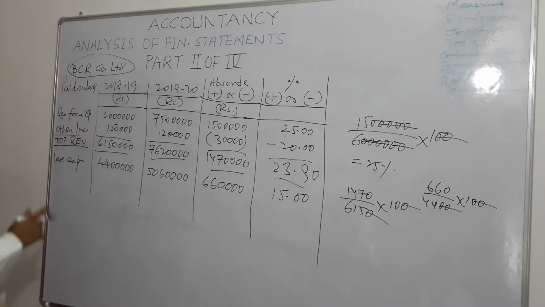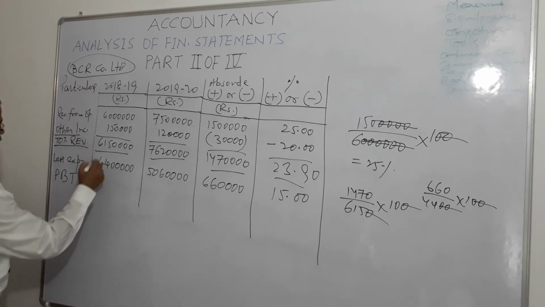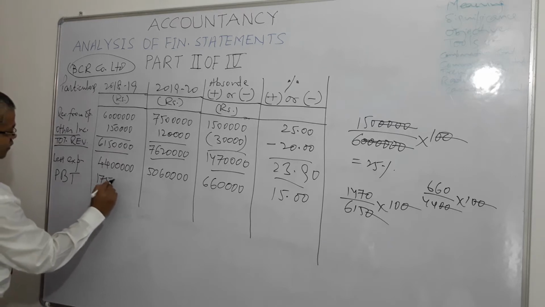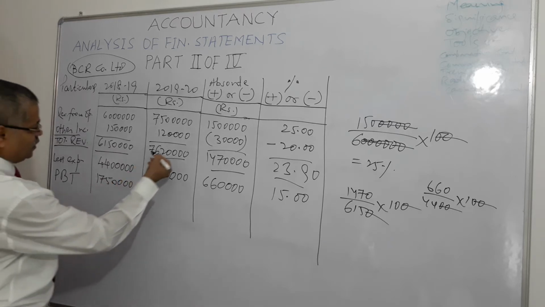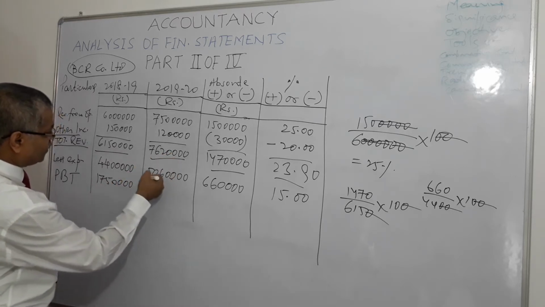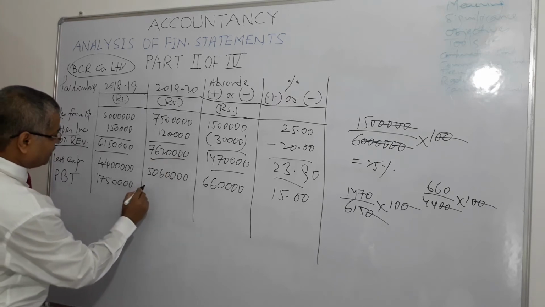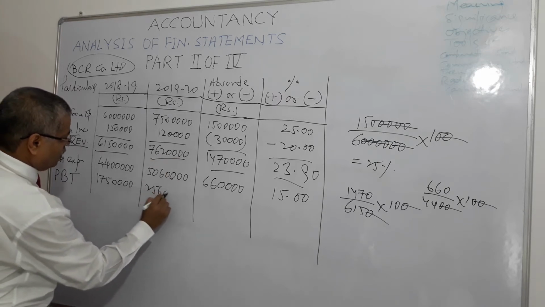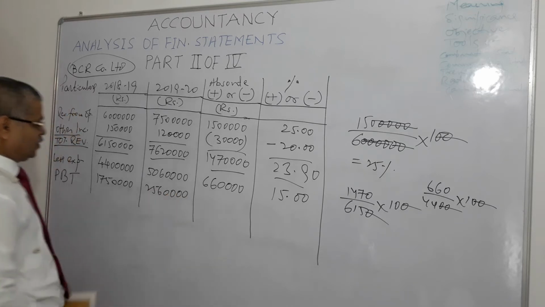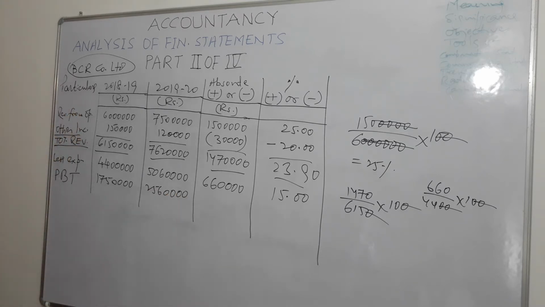Now, what is the profit before tax? Total revenue minus expenses is profit before tax. So profit before tax is 17,50,000 in the first year and 25,60,000 in the second year. That's correct.